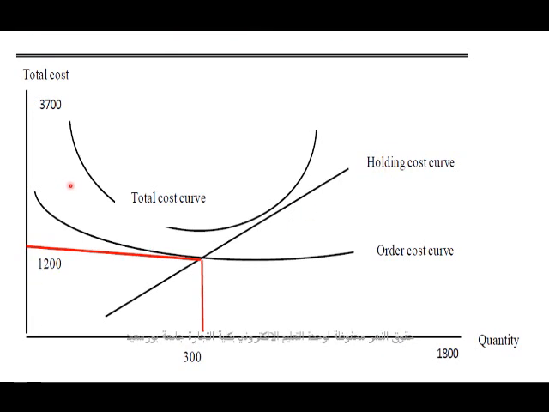But the relationship between ordering cost and the quantity is negative. We reach the optimal solution, EOQ, here, because holding cost equals ordering cost, and the total cost is at the lowest point of this curve. This diagram shows the relationship between holding cost, ordering cost, and the quantity.